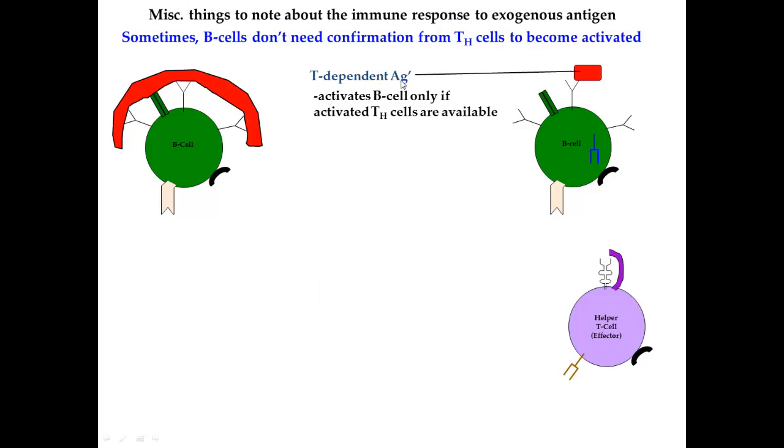So a T-dependent antigen activates the B cell only if there are activated helper T cells around. And these antigens are typically comprised of protein.